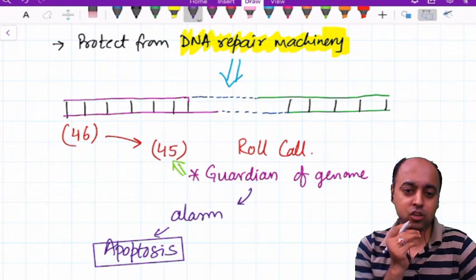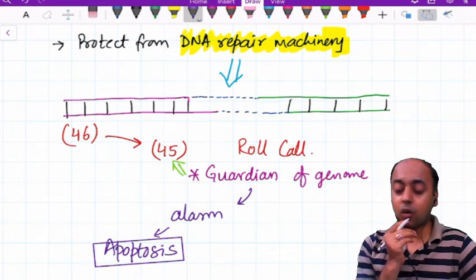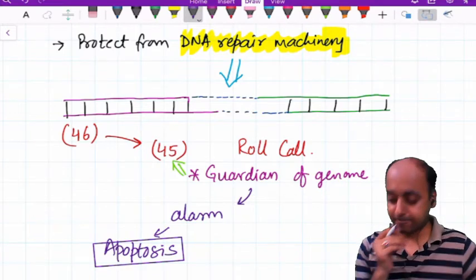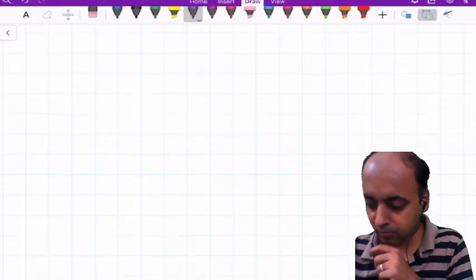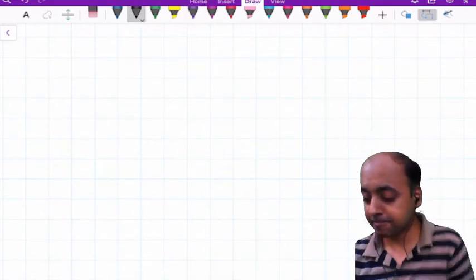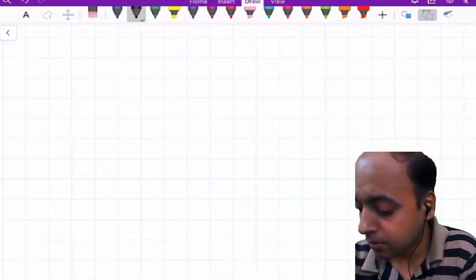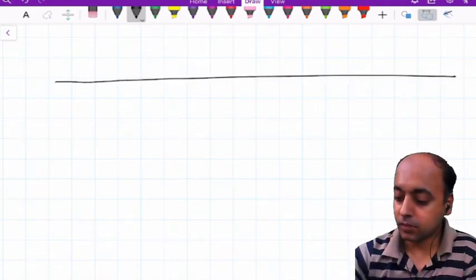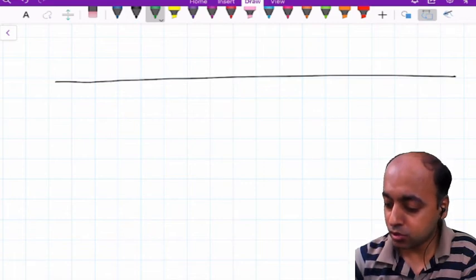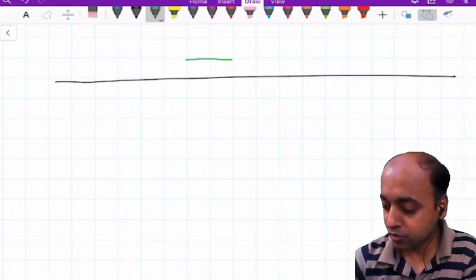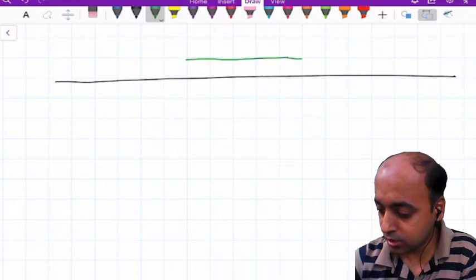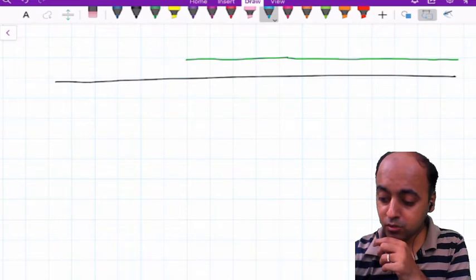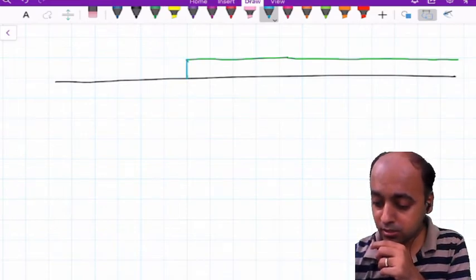Let's see the organization of the telomere so that you can understand how the DNA repair machinery can be bypassed with the help of the telomere. So, like I said, I'm drawing the two strands of DNA with two different colors so that it is easier to understand.